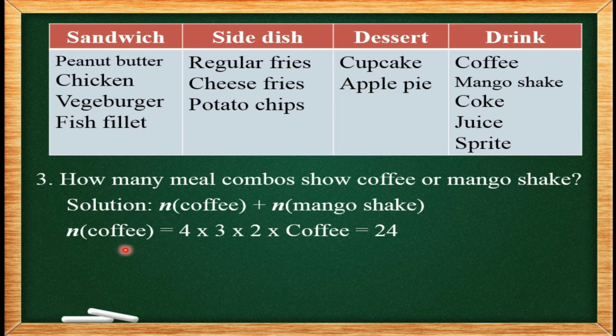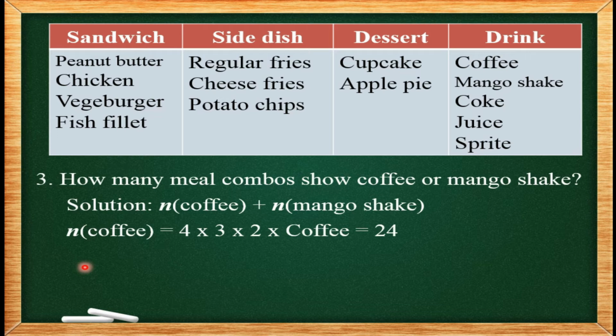To determine the N of coffee, that's 4 sandwich choices times 3 side dish choices times 2 dessert choices times coffee, that's 1, is equal to 24. 4 times 3 times 2 times 1 is equal to 24.